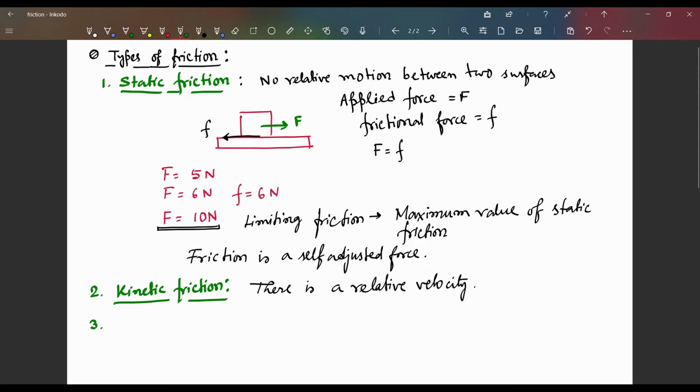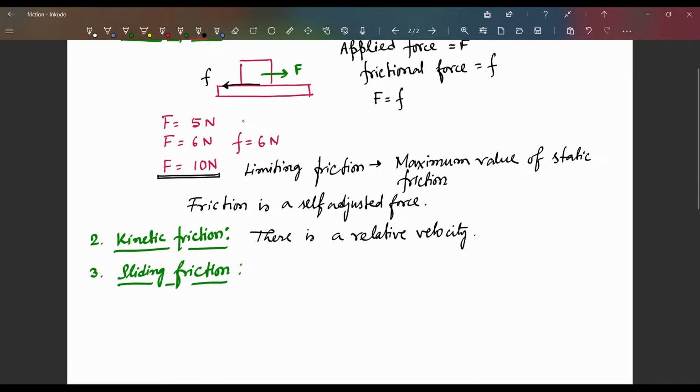Third is sliding friction. Whenever a body slides over another body or tends to slide, then the frictional force which opposes the motion of the body is known as sliding friction.